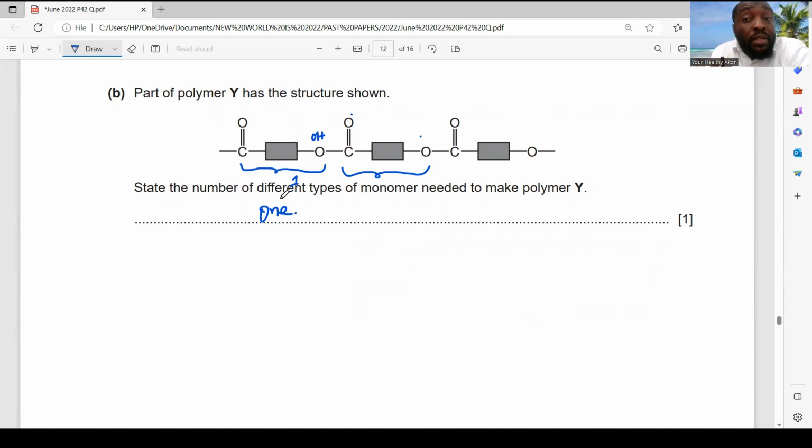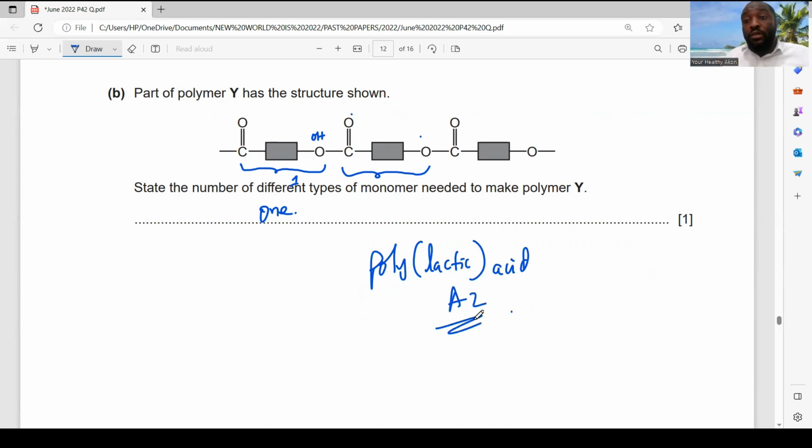There are some condensation polymers with just one type of monomer, and this is a clear example. That's usually a hydroxycarboxylic acid. A good example is lactic acid, and that gives you polylactic acid. So when you move to A2, you're going to see that. We're going to solve that.